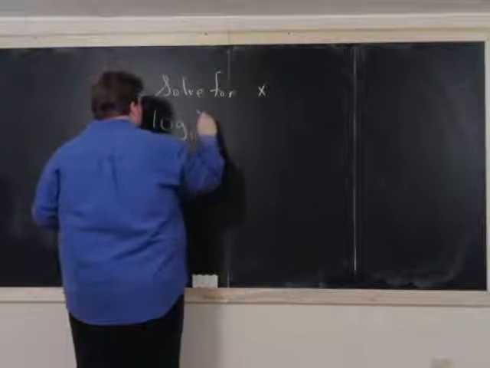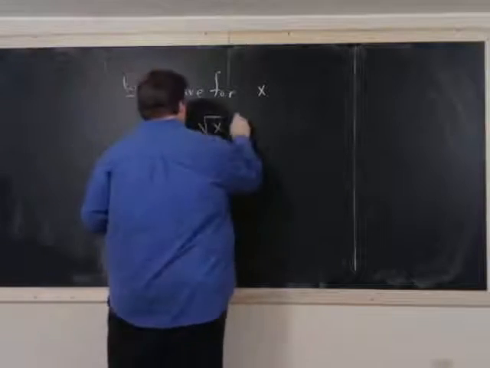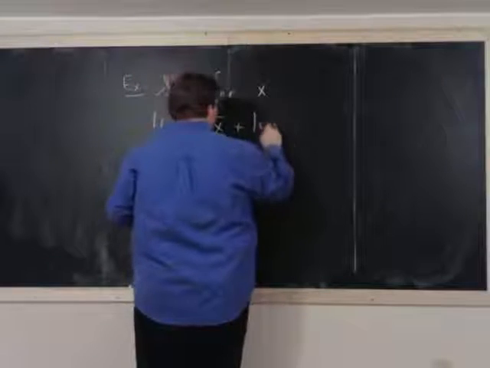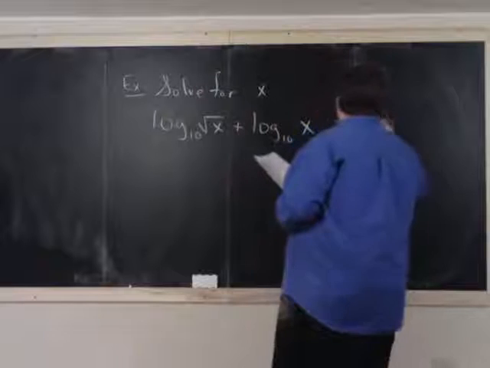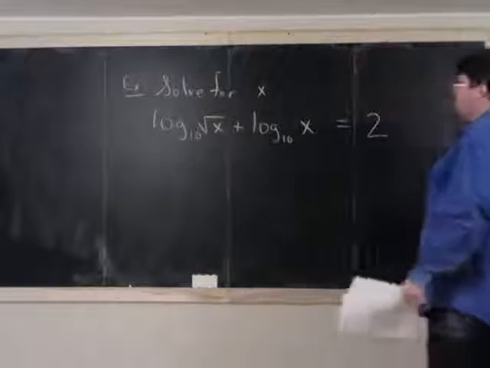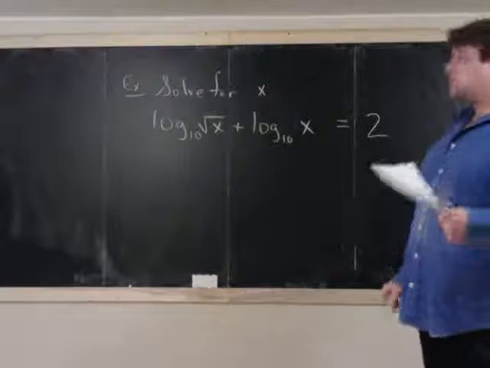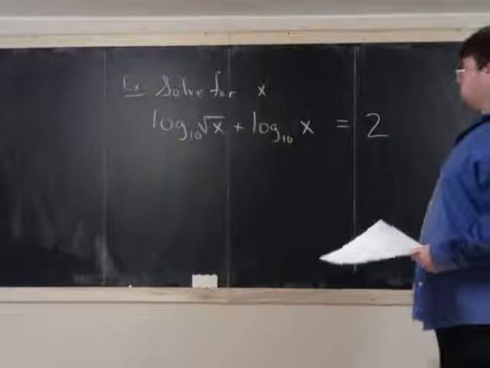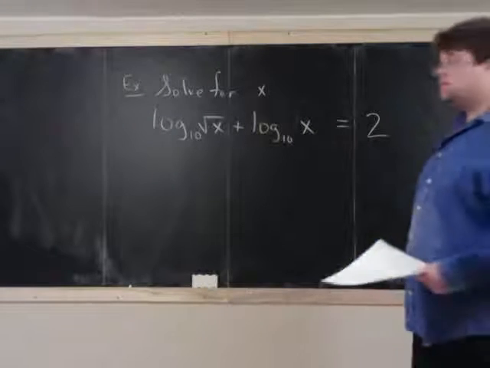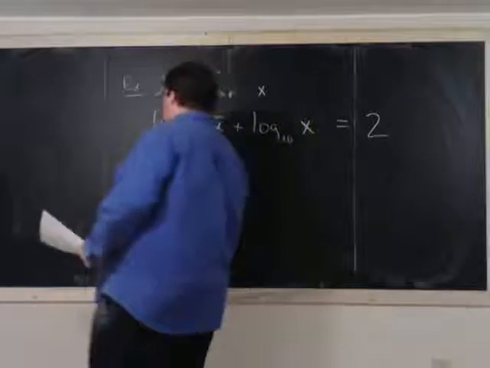Log of root x with base 10 plus log of x with base 10 equals 2. So solve this for x, and in this computation we're going to keep in the back of our mind that logarithms are inverse functions for exponentials. And we'll see where that comes into play in a moment.